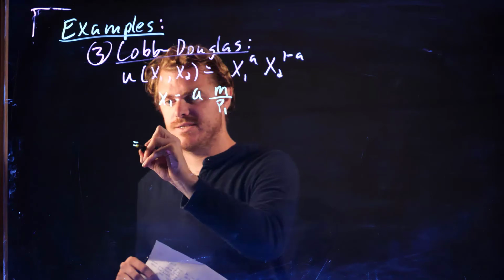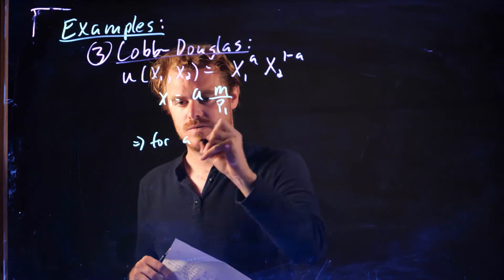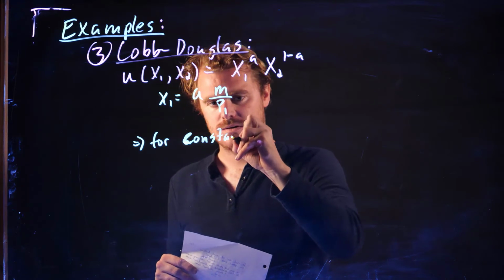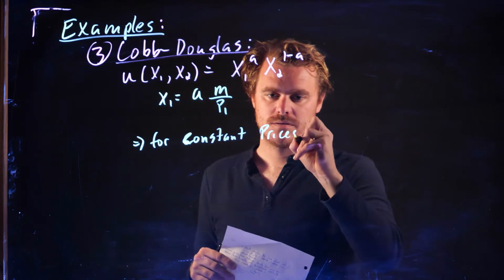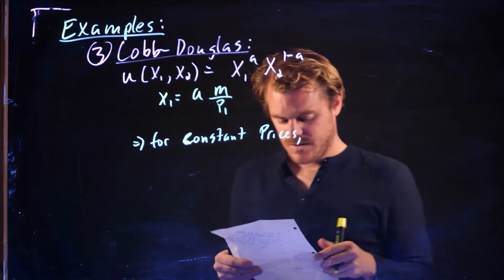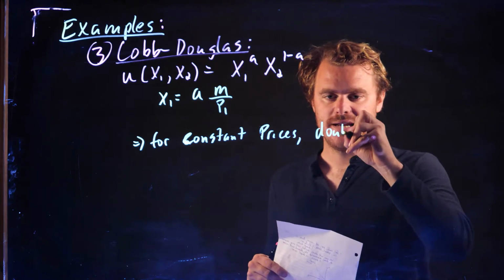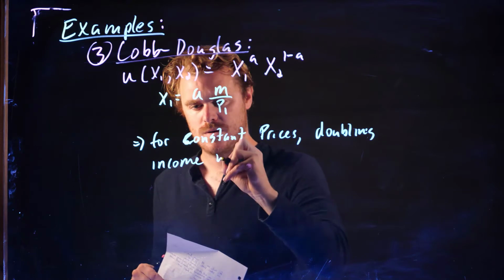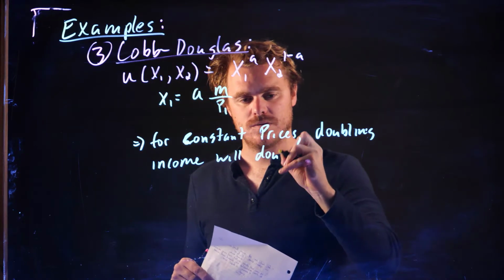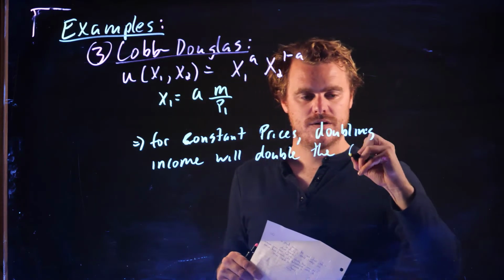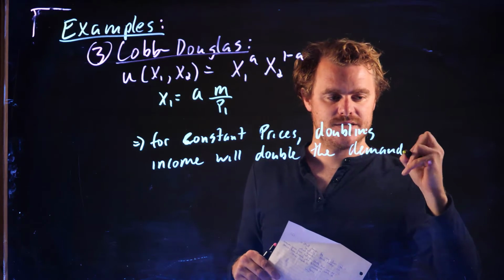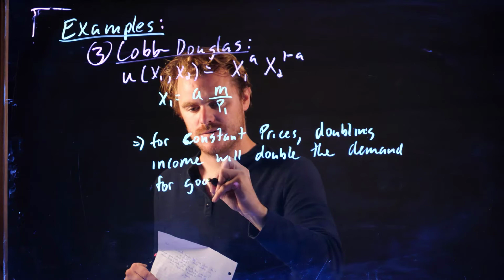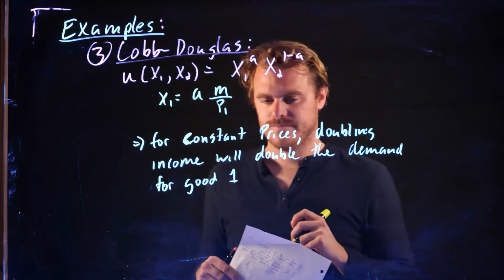So for constant prices, doubling income will double the demand, or the optimal choice, for good 1.